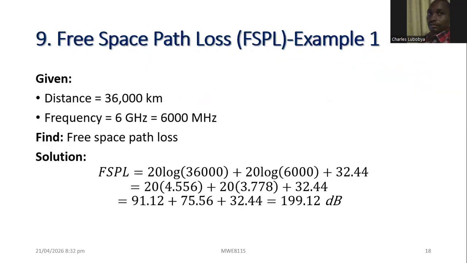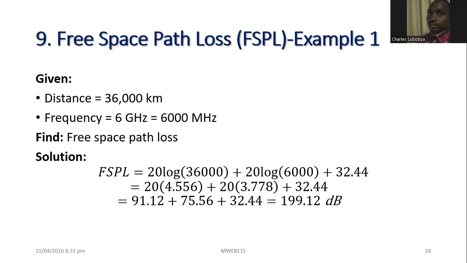Next is the calculation. Here, in the next slide, I've given an example. Suppose we are given the distance from the center of the earth to where the transponder is as 36,000 kilometers, and this is the case for a geosatellite. The uplink frequency is 6 gigahertz, which, if you remember, you have to convert into megahertz, which will be 6,000 megahertz.